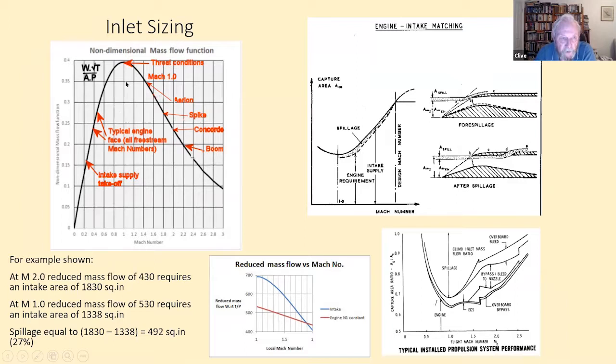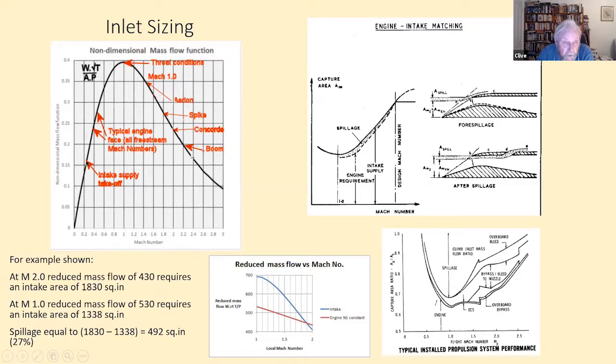For air, which is what this is, it's a maximum at Mach 1, and that gives you the minimum area for passing a given mass flow. Other than that, a typical engine face Mach number is between 0.4 and 0.5. So if you know the engine face area, you know how much mass flow it is.